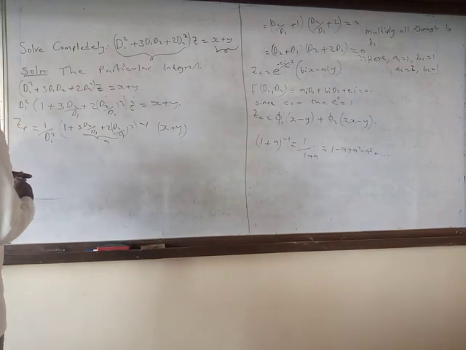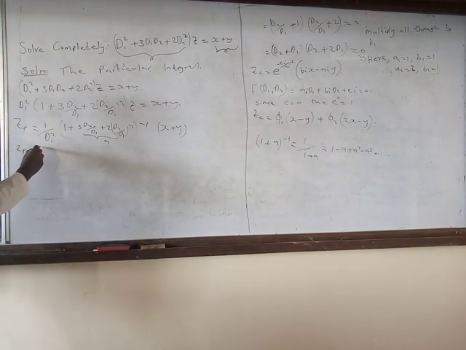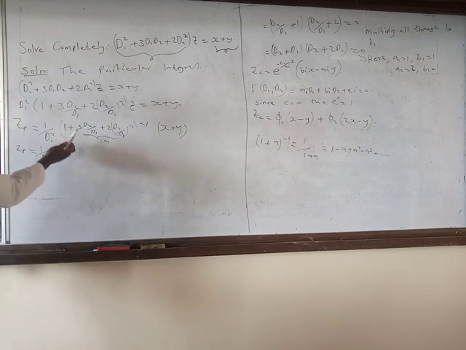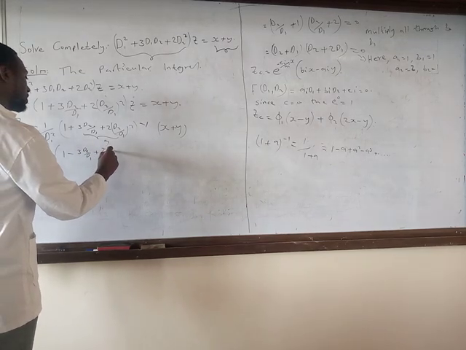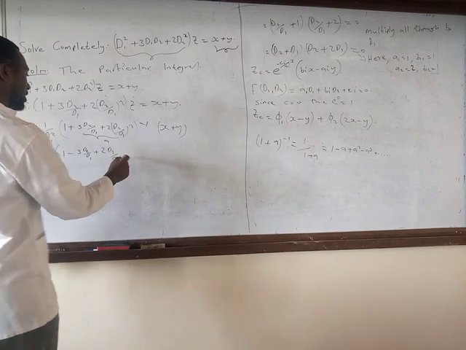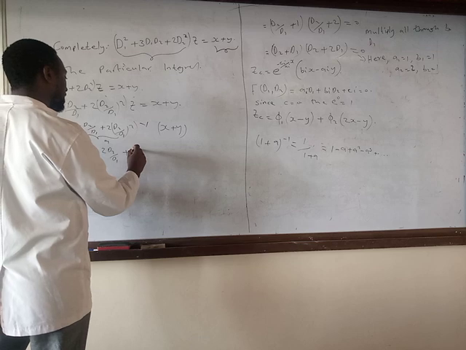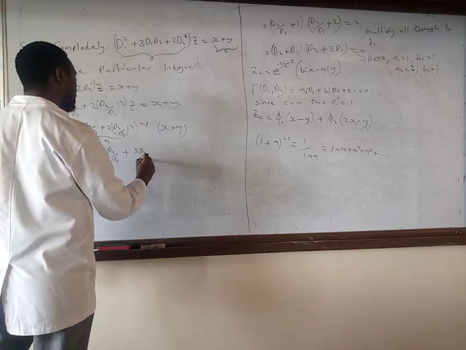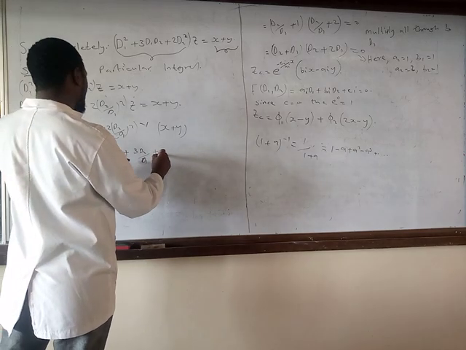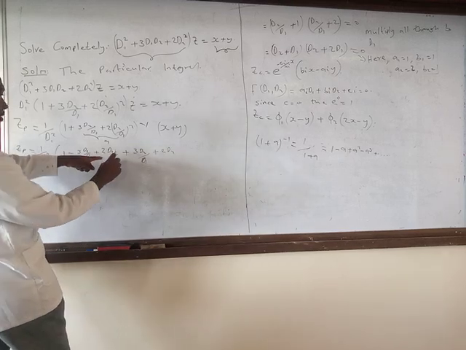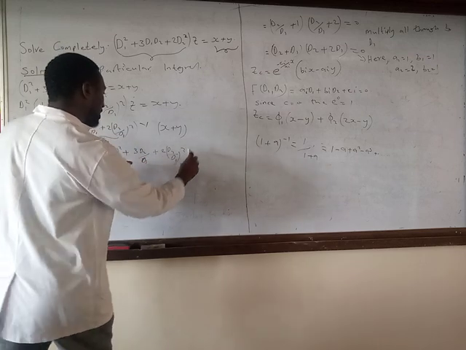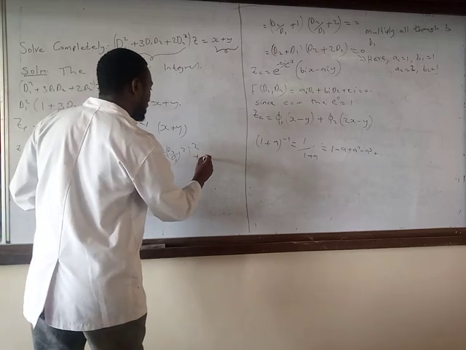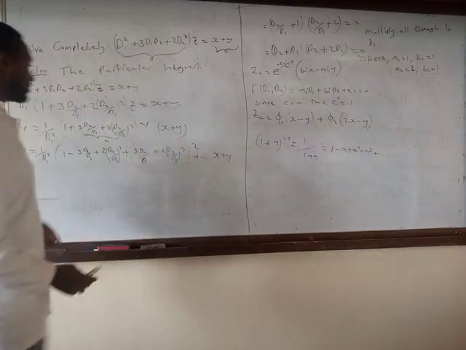So using this concept, we'll have that our zp is equal to 1 over D1 squared of [1 minus 3 D2 over D1 plus 2 D2 over D1 squared, and so on], then you multiply by x plus y.